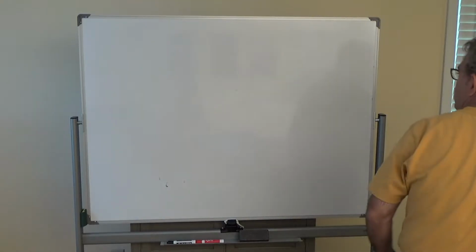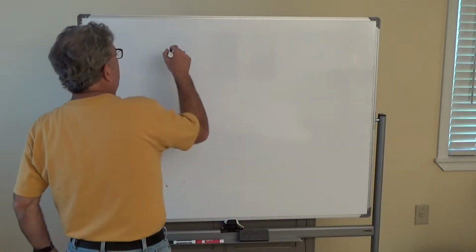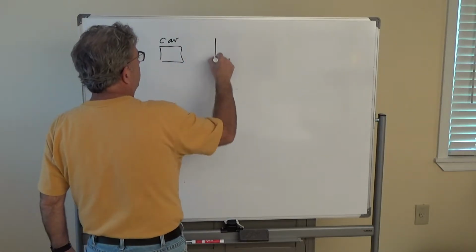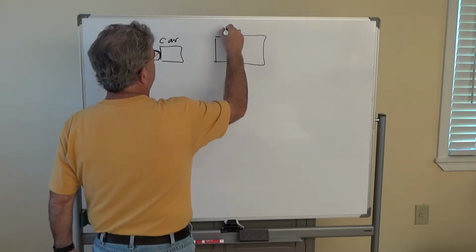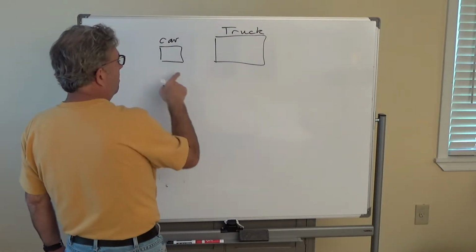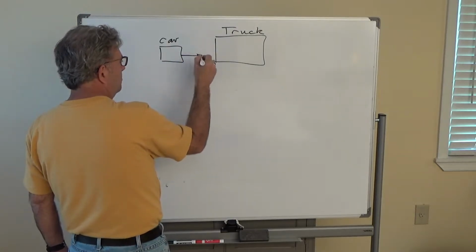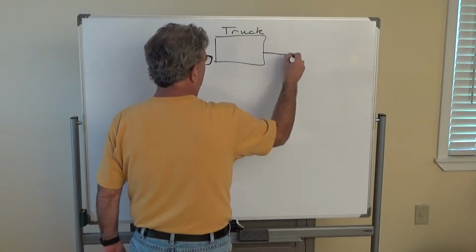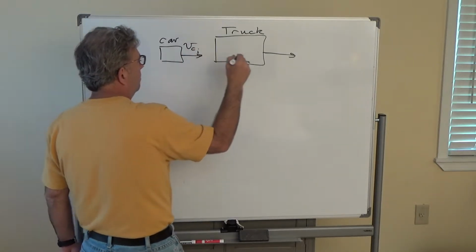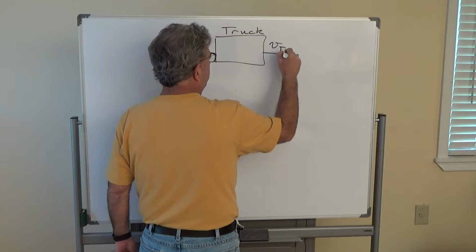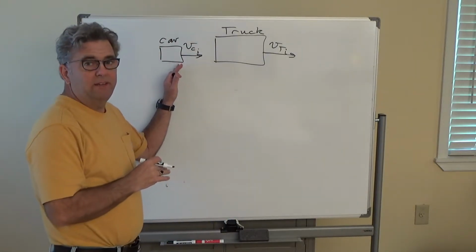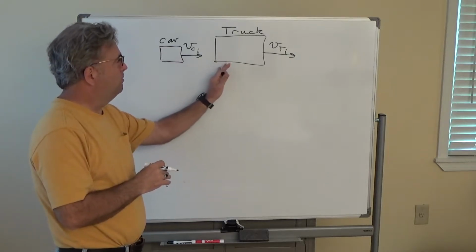So in this case, here's the car, here's the truck. The car is speeding up, the truck is also moving. So this is V car initial, V truck initial, and you can calculate the initial momentum of the system.